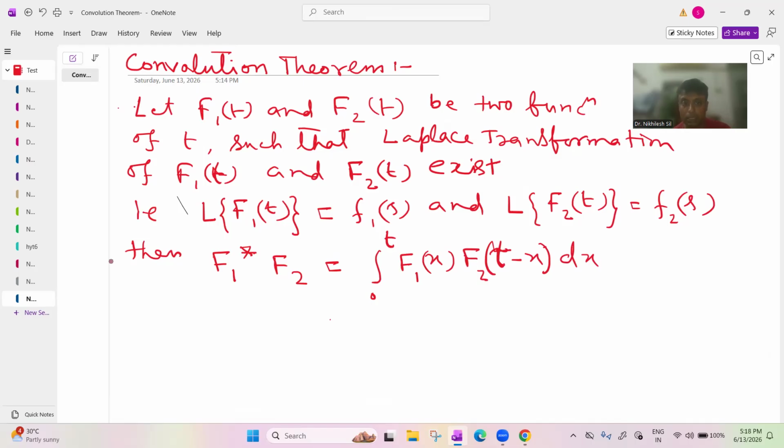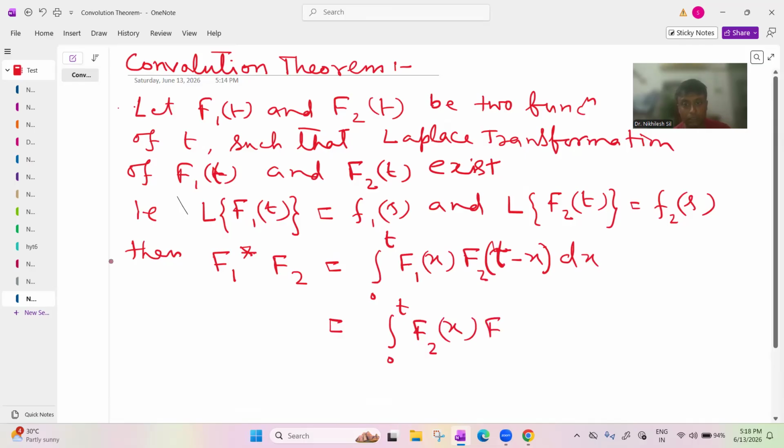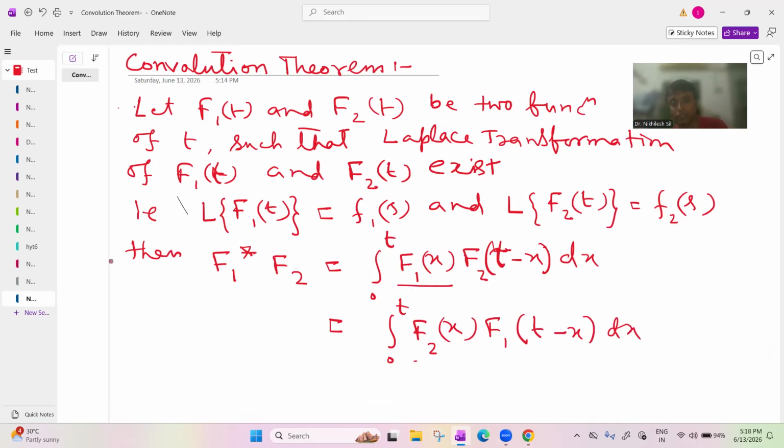Or we can write integration 0 to t f2(x) f1(t minus x) dx. Clear? You can consider f1(x) at first, then f2(t minus x). Or if you consider f2(x) at first, then you consider f1(t minus x), and we have to integrate with respect to x. And what is the range of the integration?